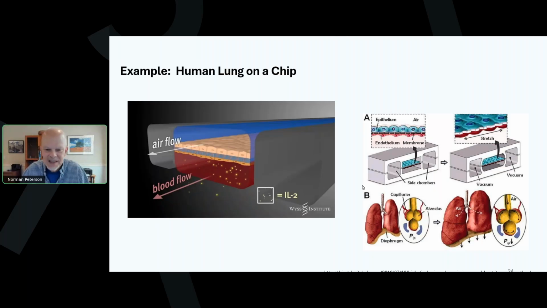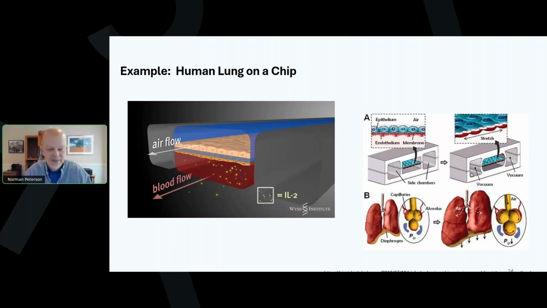We took this model one step further, and if you look at the middle panel over on the right, you see a vacuum. This is where a machine can apply a vacuum off and on, and that membrane stretches. So now your whole system is exposed to something that's much like a lung.